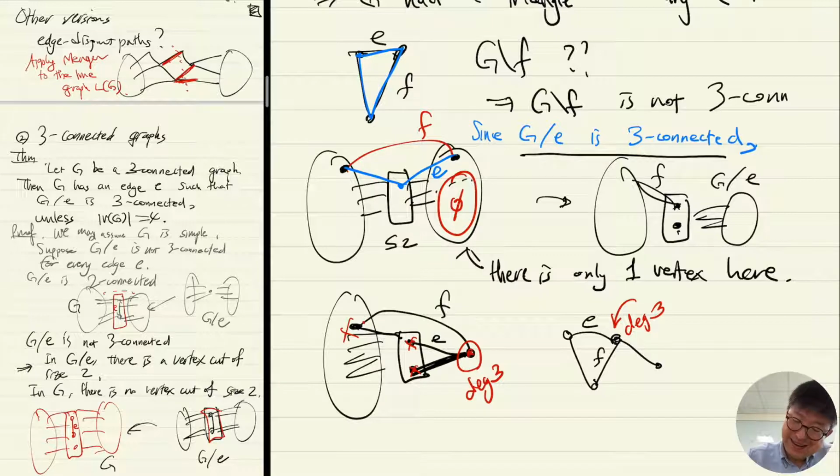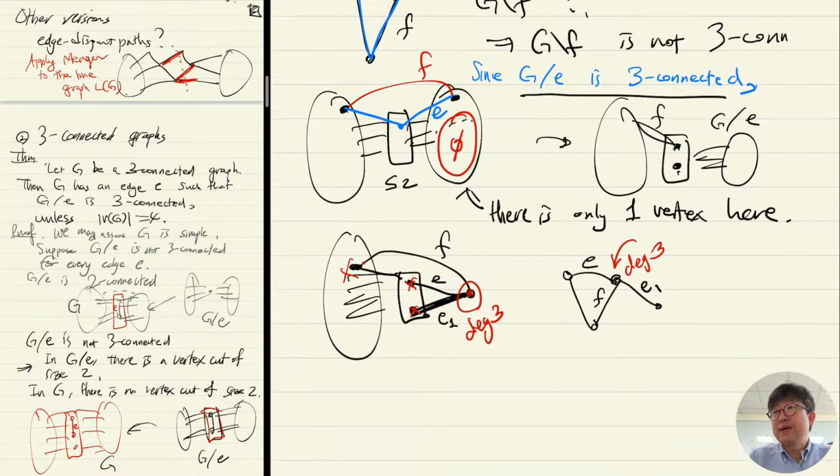Now let's look at the next edge. So let's say this is E1. What happens if I contract E1? If I contract E, I knew the graph is 3 connected.